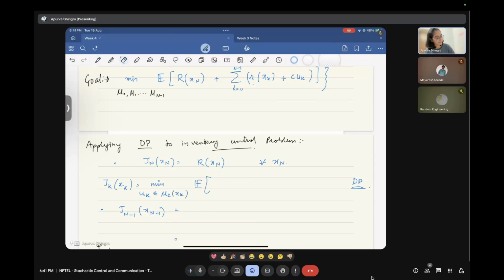okay, let me write down based on this example. So this is my gk of xk, uk, wk. So this is r of xk plus c times uk.